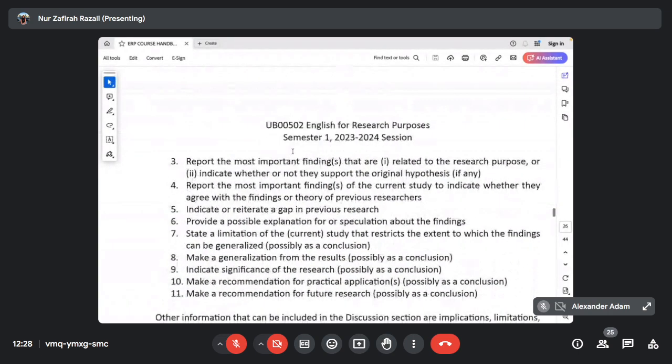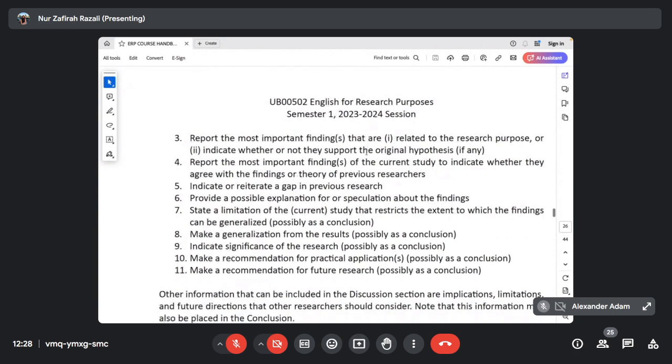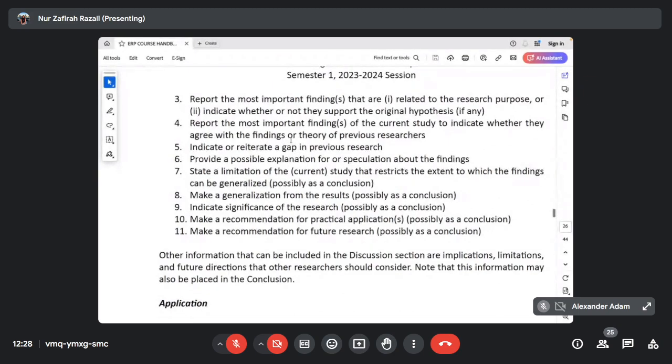It reports the most important findings related to the research purpose or indicates whether or not they support the original hypothesis, if any. Report the most important findings of the current study to indicate whether they agree with the findings or theory of previous research. Indicate or reiterate a gap in previous research. Provide a possible explanation for or speculation about the findings.